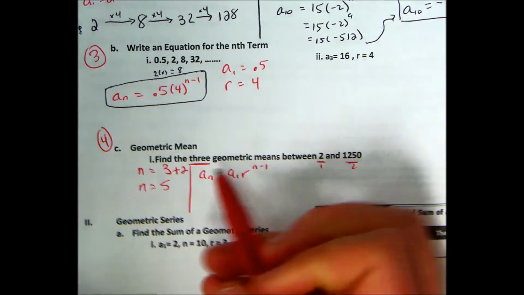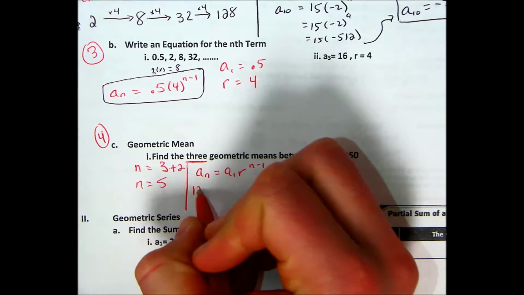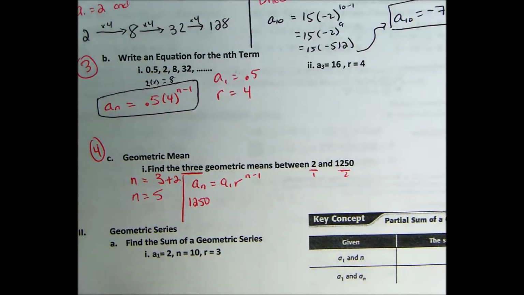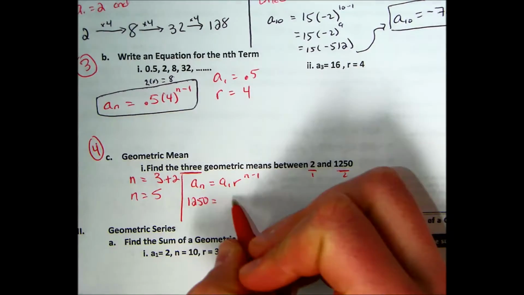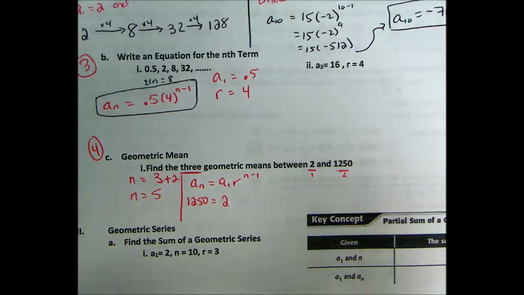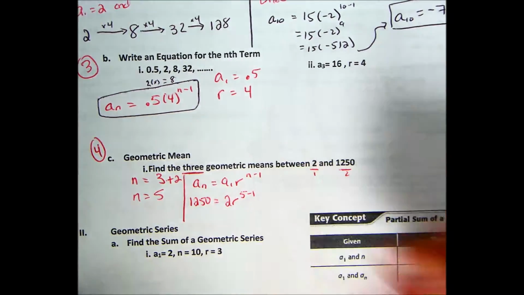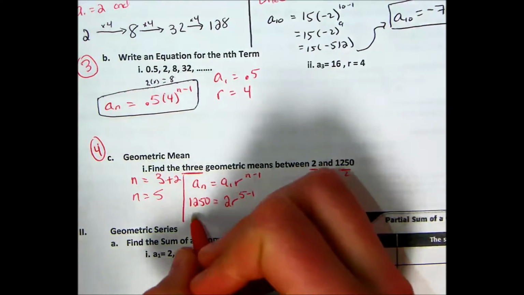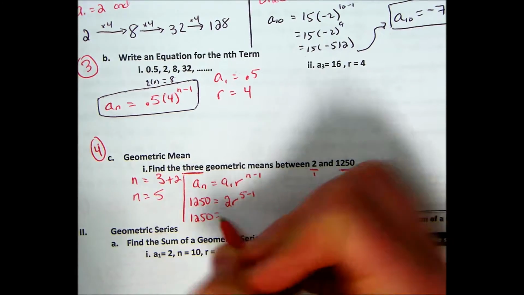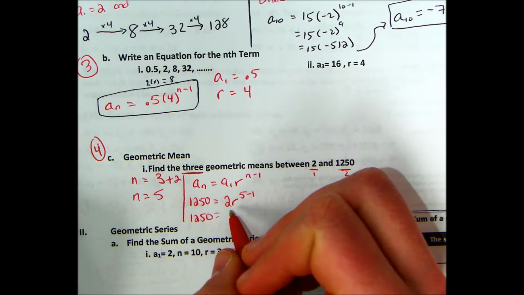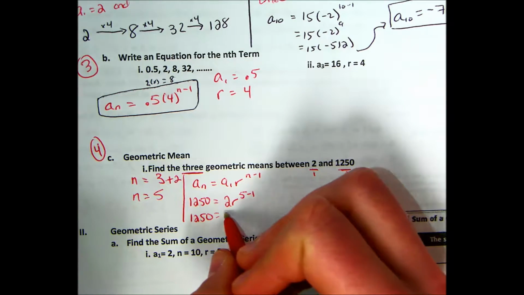1,250 equals our first term, which is 2. We're looking for the common ratio, and our n we said was 5, so we have 5 minus 1. And then we have 1,250 equals 2r to the 4th. Now I want to get rid of this 2 here.